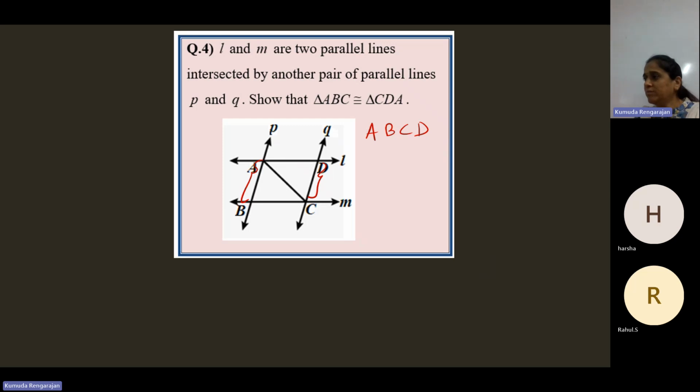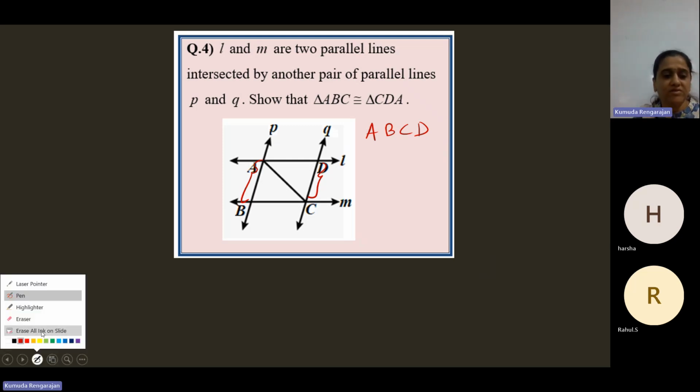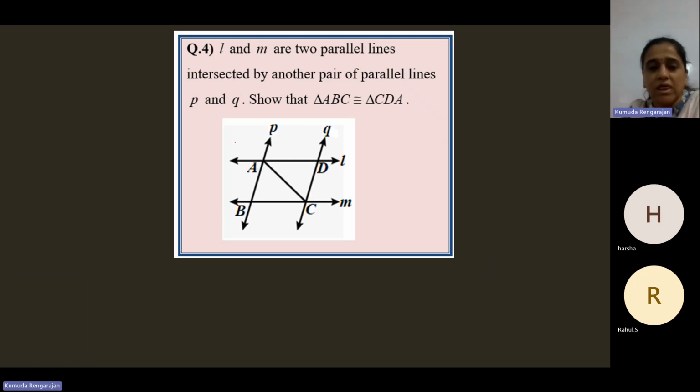And in a parallelogram, like in a rectangle, opposite sides are equal, opposite angles are equal. Okay, so now let's mark all the information we have.